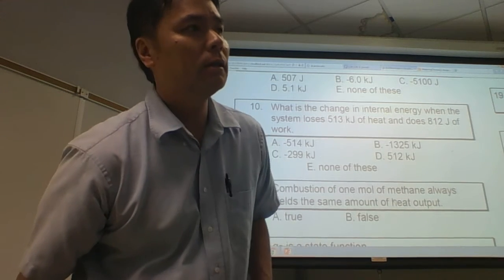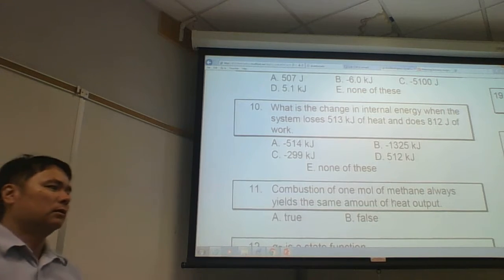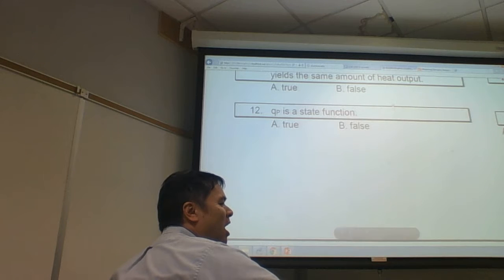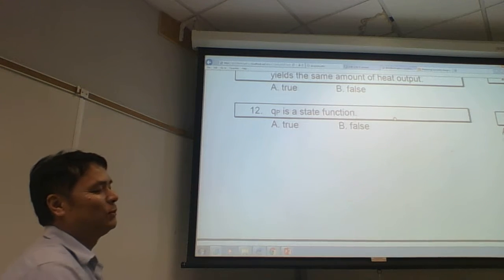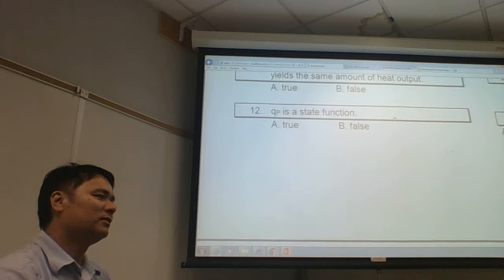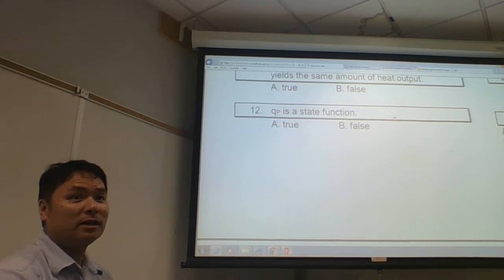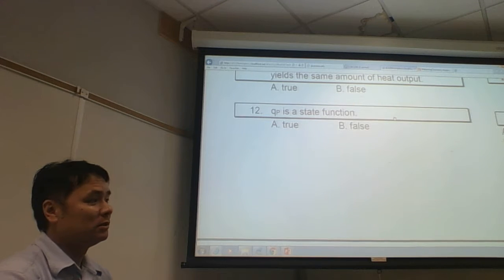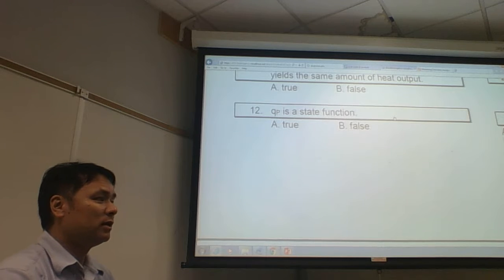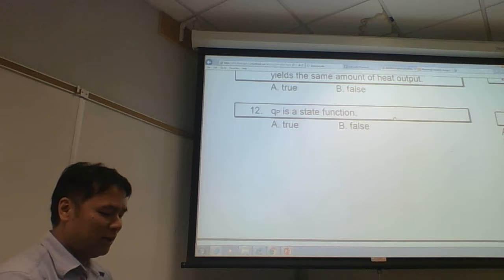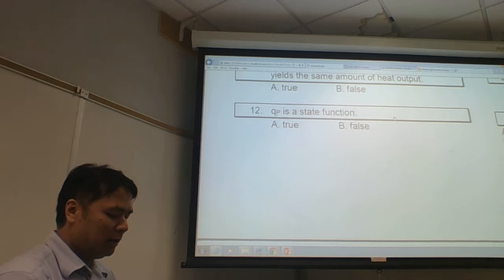For number 12, can you please explain why QP is a state function? I don't know. What did you guys put? State function or not a state function? True. You put true because why? It depends on how tricky I want to get.